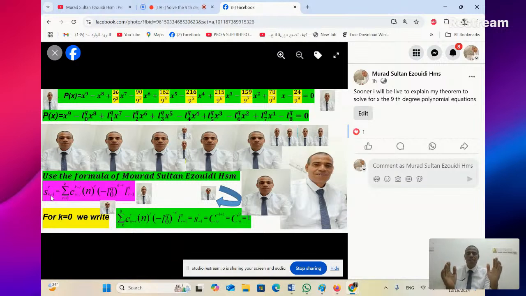After finding these 9 coefficients, we can write our new ninth degree polynomial equation. It's a strategy, a method, a way, a theorem of mine that will be applied in this kind of questions.